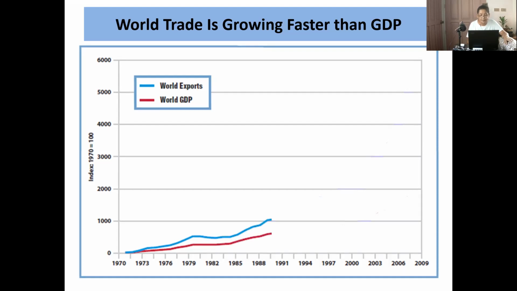Then, in around 10 years, 1989, look, dati ganyan lang siya. And then yung world exports, tumaas sa 1,000 level, okay? Yung GDP ng bansa, nasa ilalim.